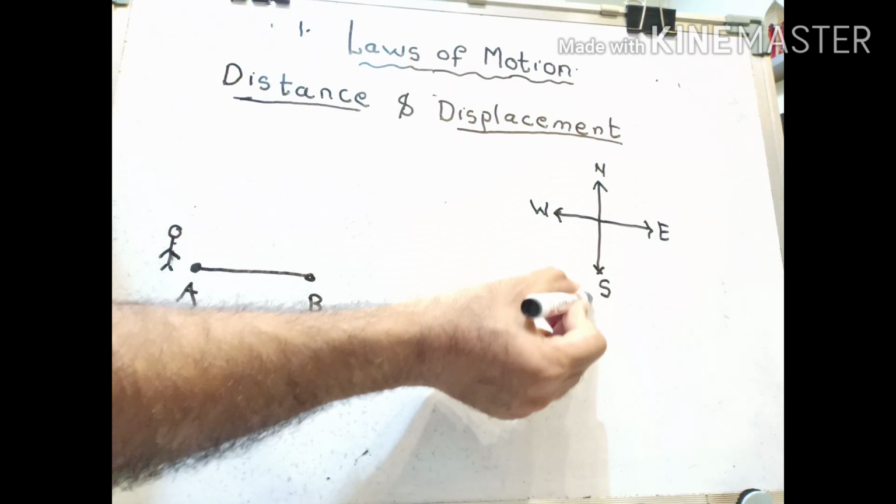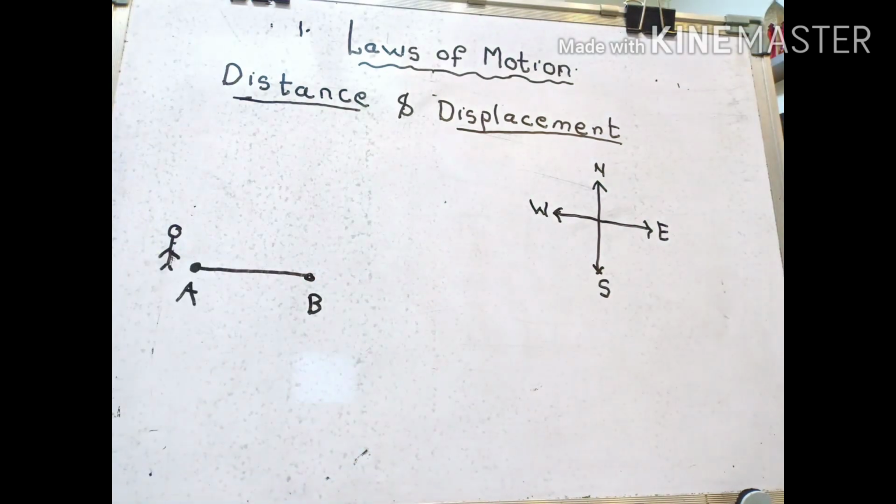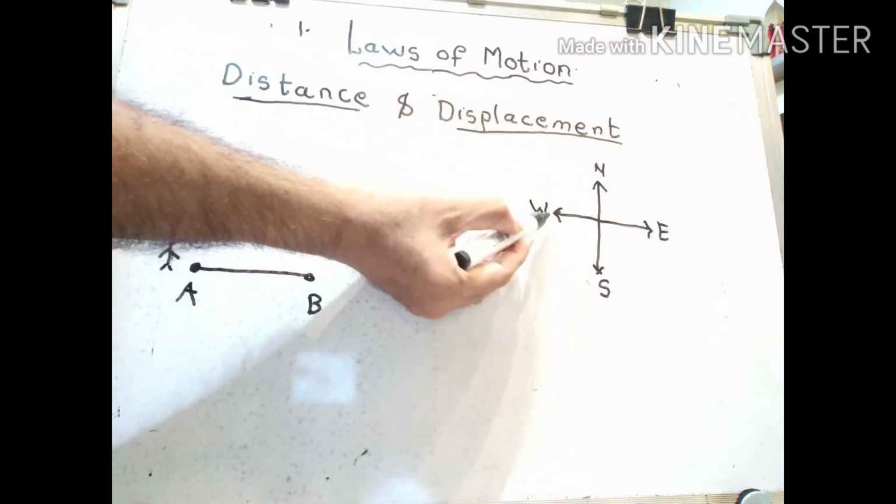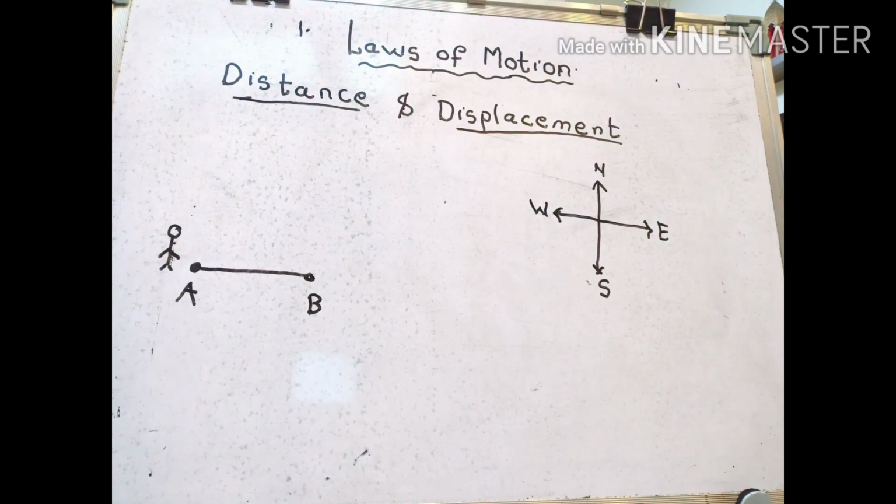I told you you have to remember directions because when we talk about displacement, displacement involves the component of direction, right? While specifying displacement, direction is involved. So you have the north, the south, the west and the east. These are the directions which you normally use.